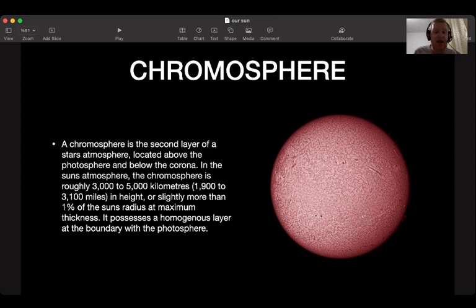It possesses a homogeneous layer at the boundary with the photosphere. So this is the chromosphere, guys.